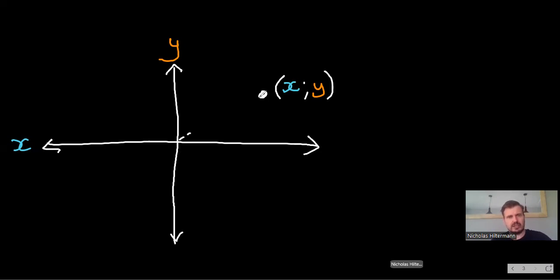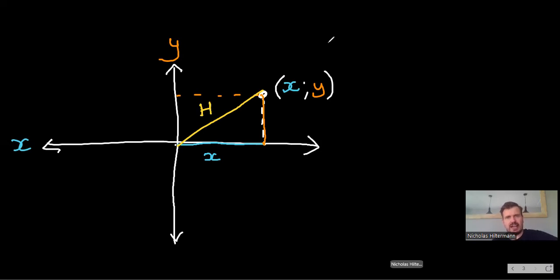So what I could do is take this point X and Y and drop it down to the X axis. And then this distance here would be X. And if I went to the Y axis, this would then be Y. And now if I go along here, let's do this in yellow, I then have a hypotenuse.